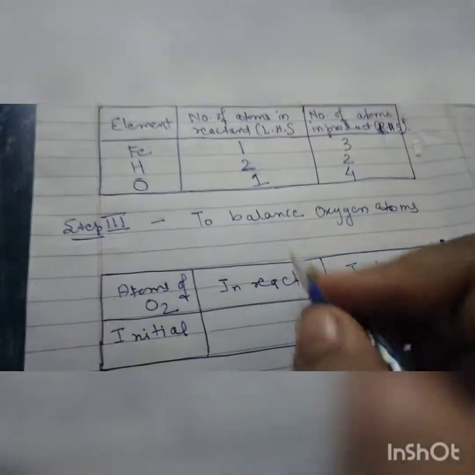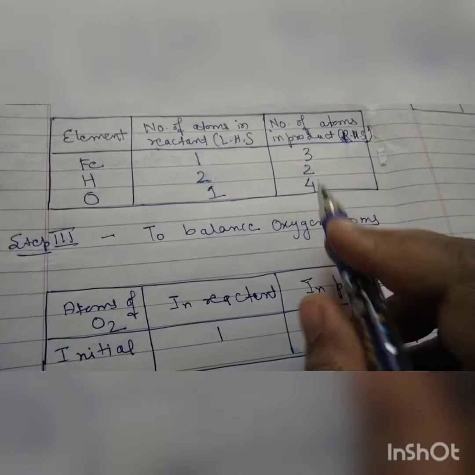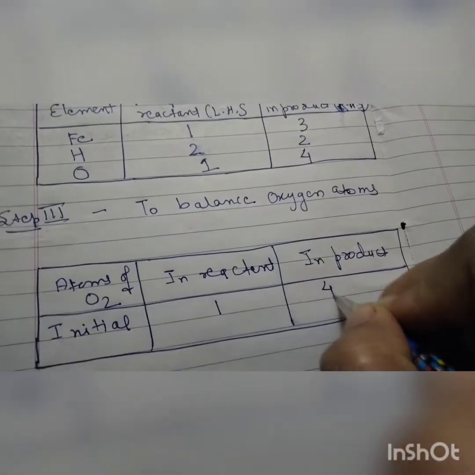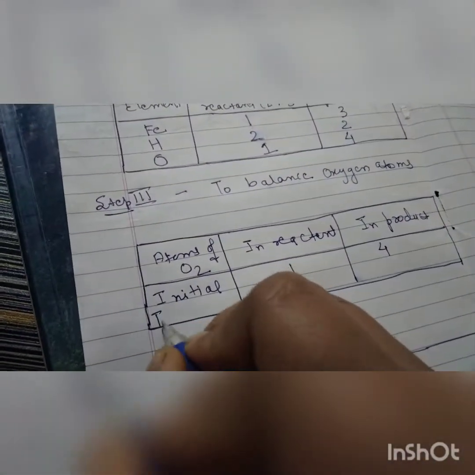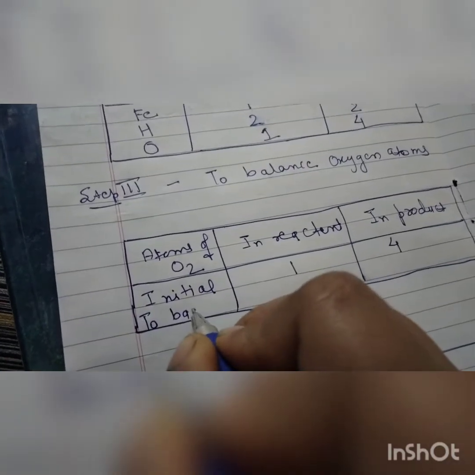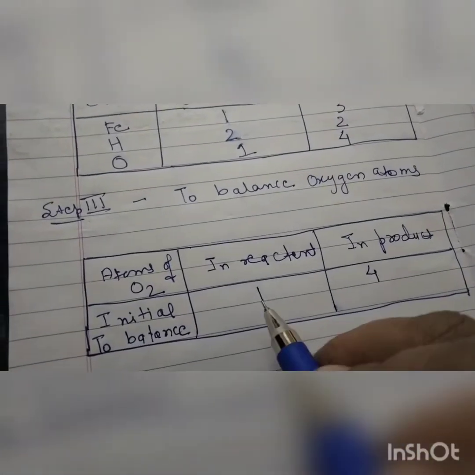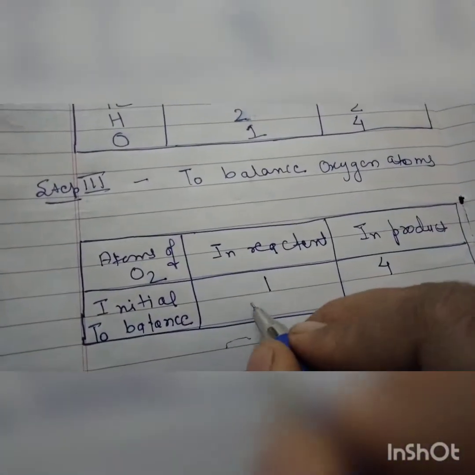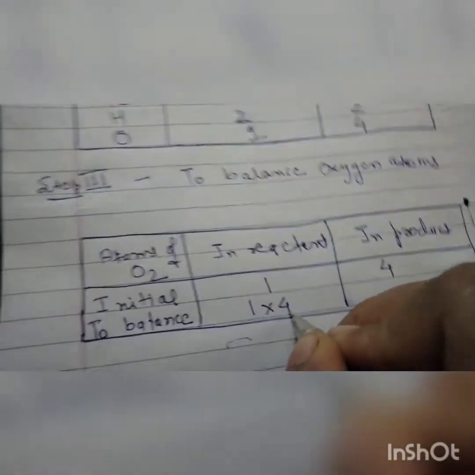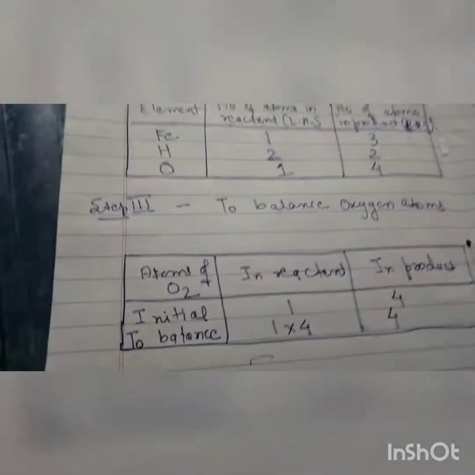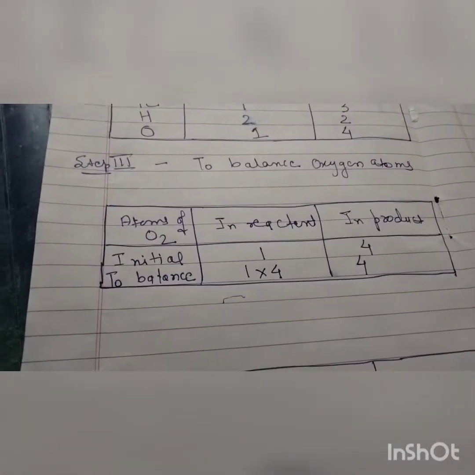Initial in reactant side the number of oxygen atom is 1, but in product side it is 4. Now what we will do to balance? To make this number 4, we have to multiply reactant side with 4. 1 multiplied by 4, and this side already it is 4. In this way we will do.